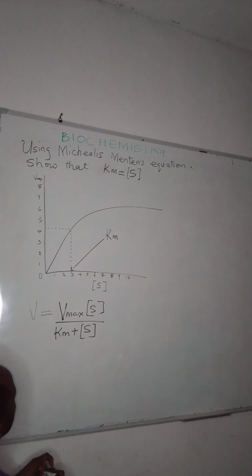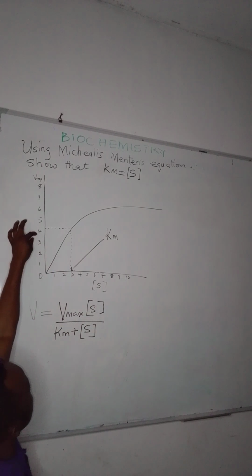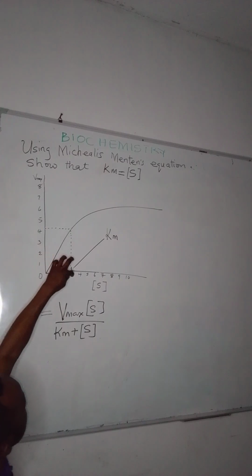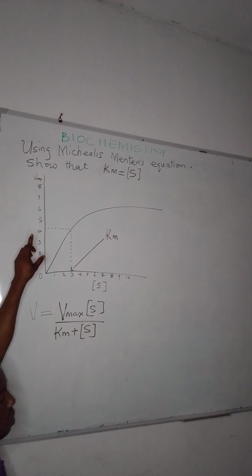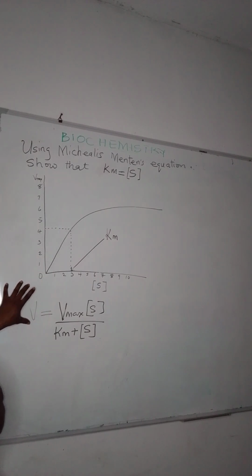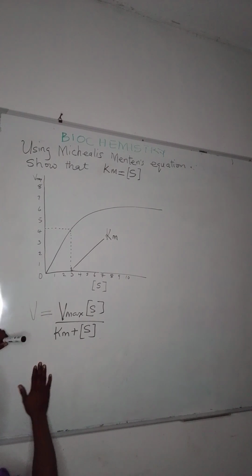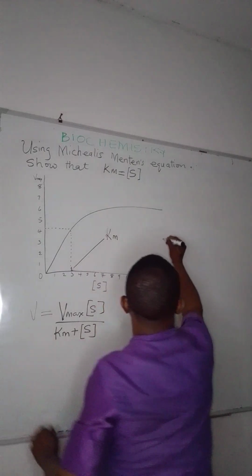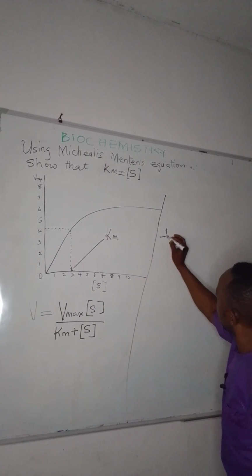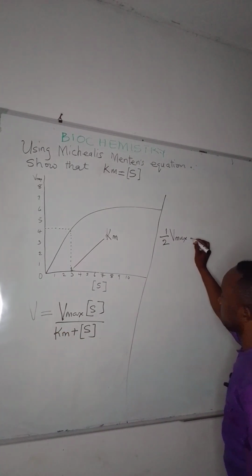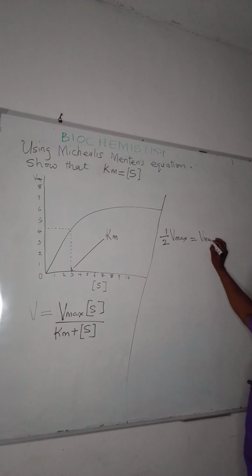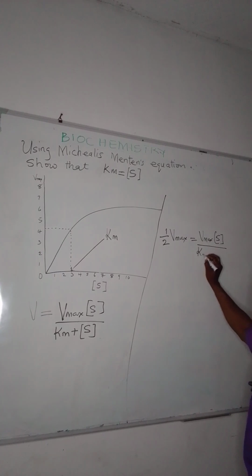Now let us assume, remember, that we have half of Vmax from this, which is the Km. If we substitute half of Vmax into this equation, to substitute V by half of Vmax, the equation will now become half of Vmax equal to Vmax times substrate concentration all over Km plus substrate concentration.